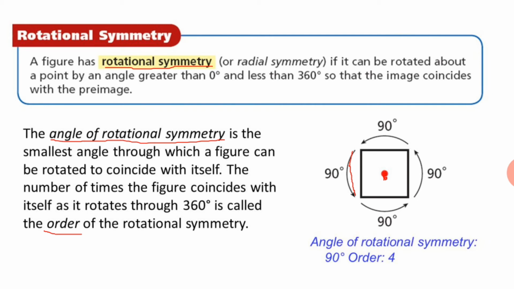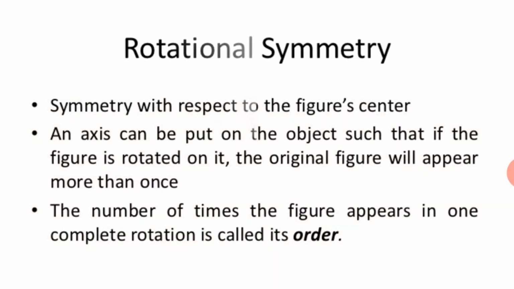Now it's clear? Yes. So we can say a figure has rotational symmetry if it can be rotated about a point by an angle greater than 0 degrees and less than 360 degrees. So here the order of the square is 4.